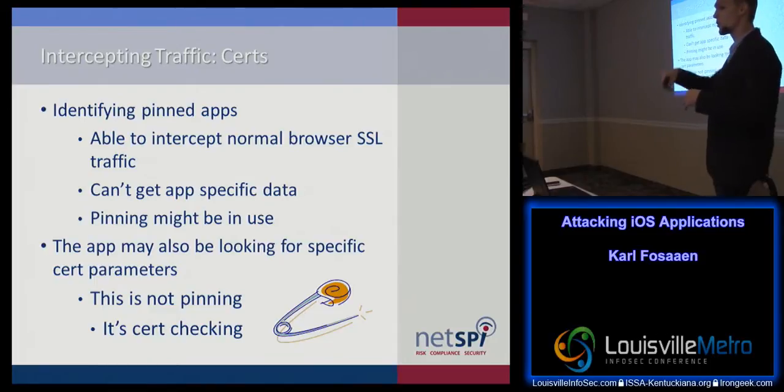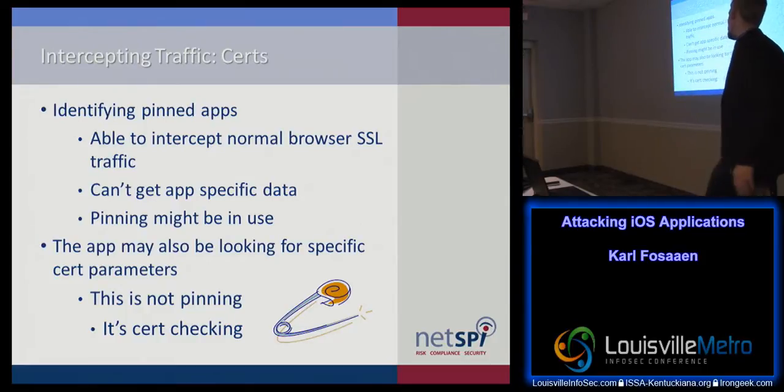Well, if they go out to some other third party like Facebook or some Google app through that application, and that application doesn't check for cert pinning, you will be able to get that SSL traffic, and you can kind of filter through that with Burp.